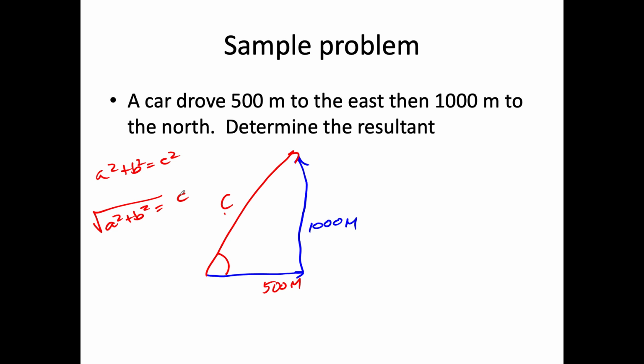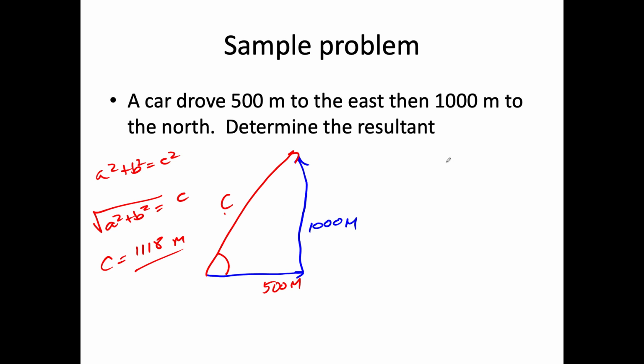If I take the square root of that, I get a value of c equal to 1,118 meters. So my resultant displacement, the final displacement, is 1,118 meters.